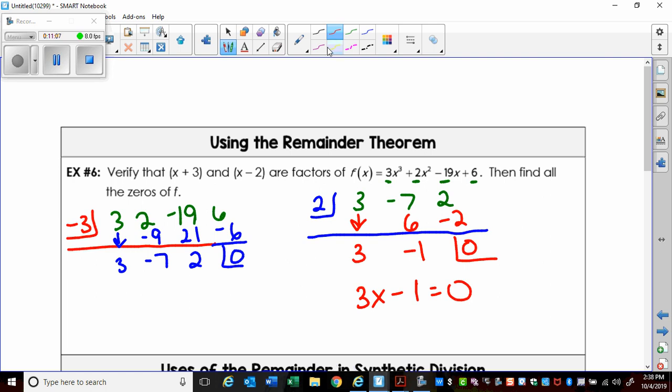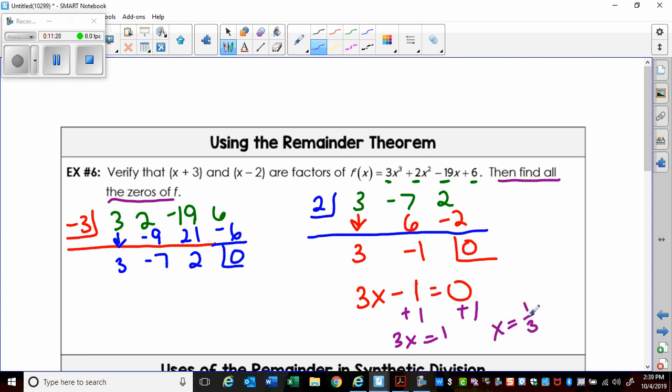Okay? And what I can do is find the other 0. Find all the zeros. This is just a straight line. I can solve this. So we have, add the 1, 3x equals 1, divide by 3, x equals 1/3.